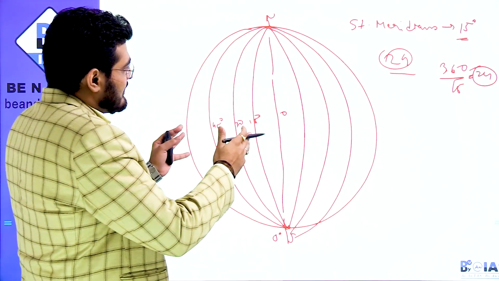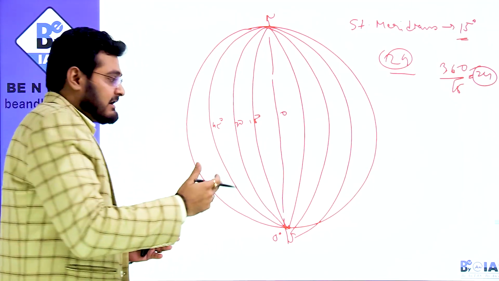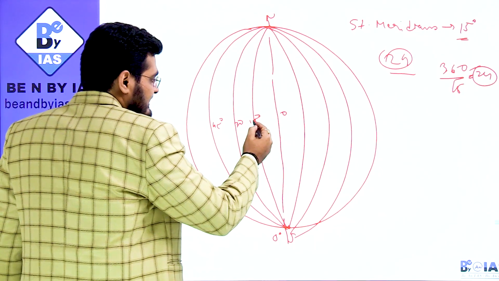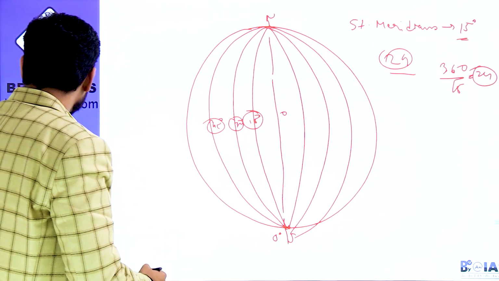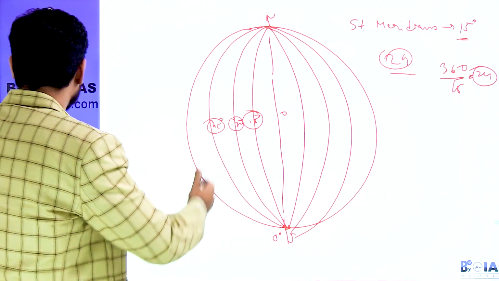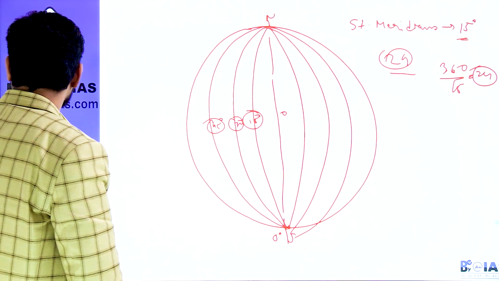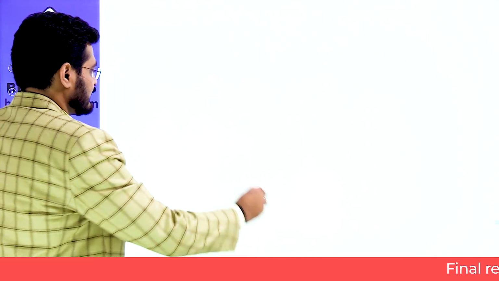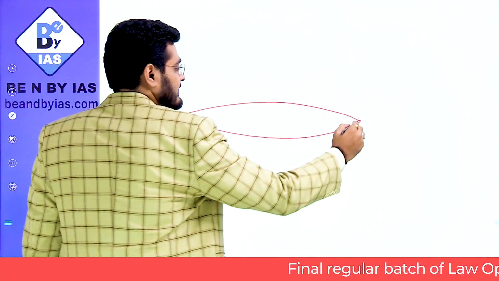Now let us see how we decided this as 15 degree, this as 30 degree, this as 45 degree. How is this decided? That also has a mathematical reason. You see the Earth from the top, as a sphere.